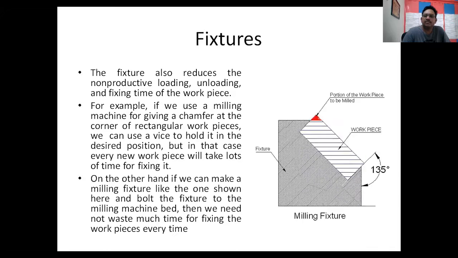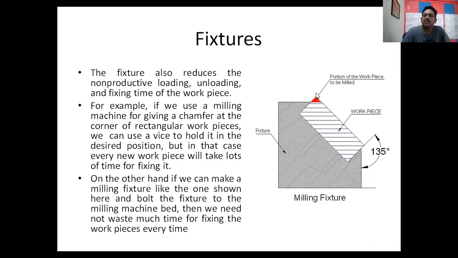So for example, I want to make a chamfer here. If the fixture is not like this, then we have to fix the piece on the bed every time. Here, simply what we can do is take out the already machined workpiece, insert a new workpiece, and perform the milling operation.